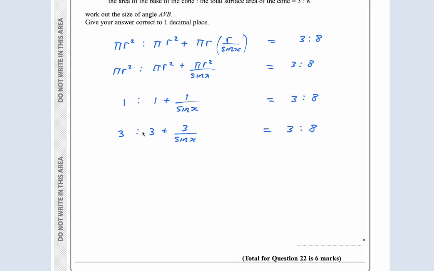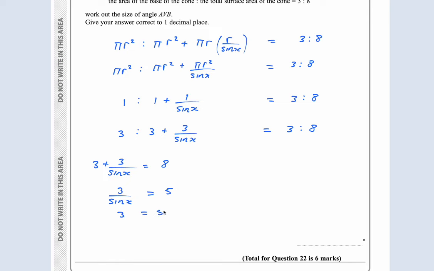Now the reason I've done that is because if the ratio of 3 to this equals 3 to 8, then this has to equal 8. So 3 plus 3 over sine x equals 8. Now I have 3 over sine x equals 8 minus 3, which is 5.